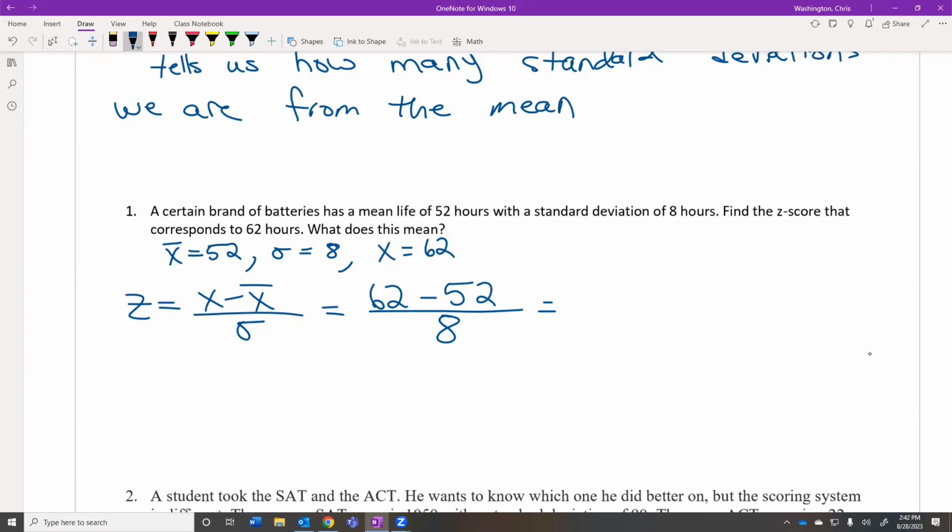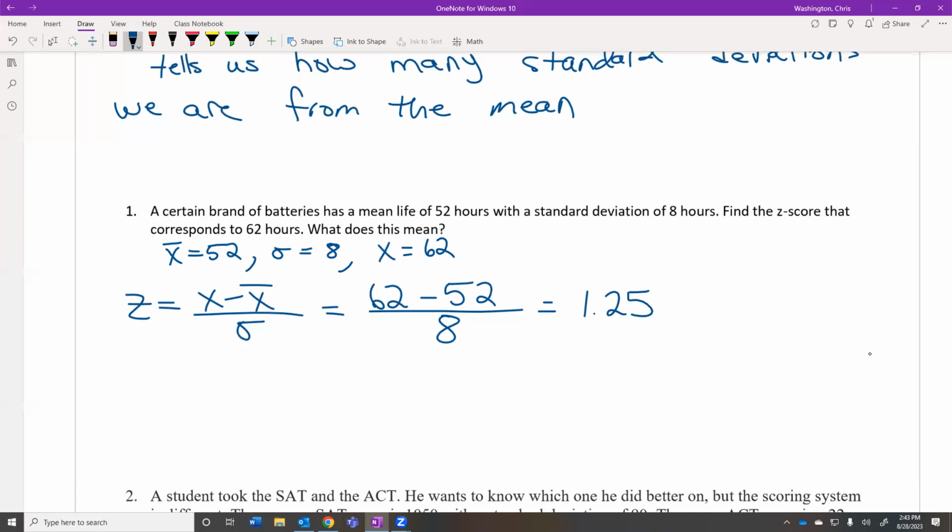So if the standard deviation changes, the z-score is going to change as well. So it does tell us not just how far away from the average we are, but how many standard deviations away from the average we are. And that's 1.25 in this case.